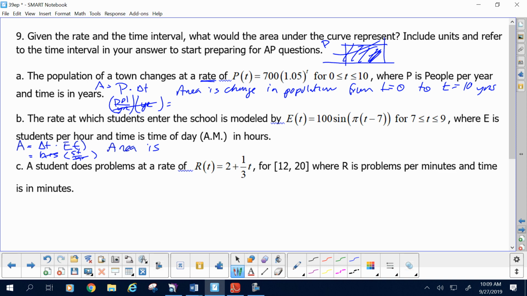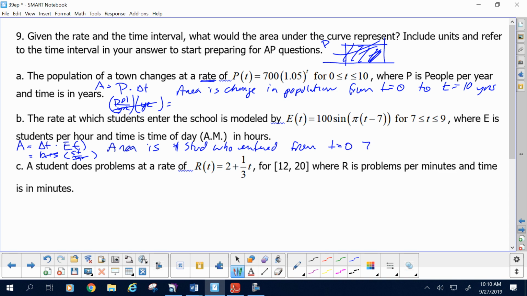The area represents change in, so you could say this one of two ways: the change in the number of students, or you could just say how many students have entered. Okay, area is the number of students who entered, which is the change if you consider that it's only about entering, from when to when.